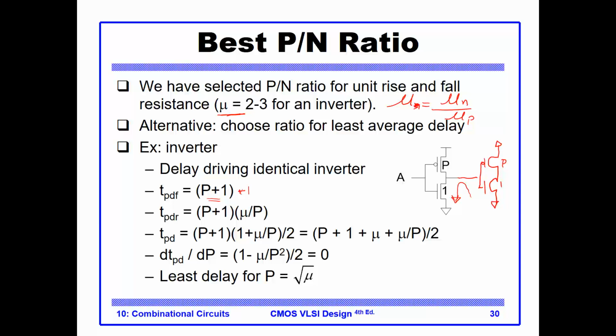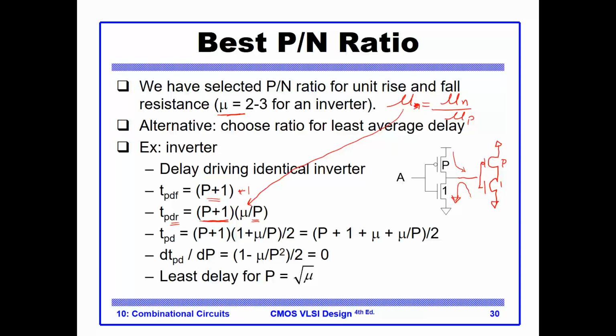Okay, now for the rise delay, you can see this is going to come from the PMOS. So again, the capacitance P plus 1 times the mobility ratio between the NMOS and the PMOS divided by the size here, P.